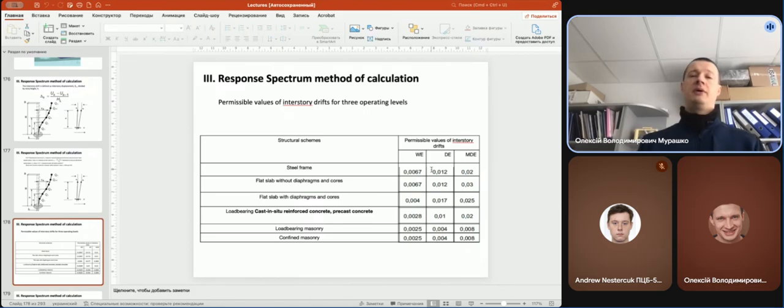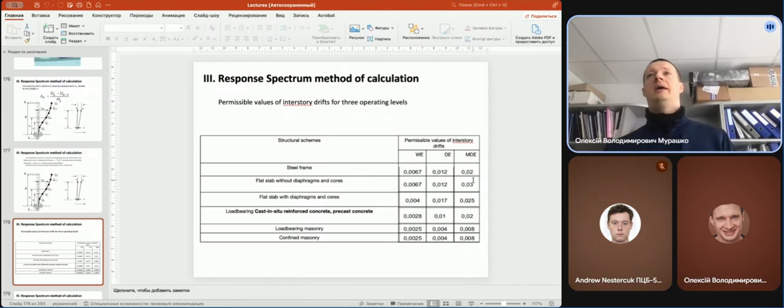When we have deformation which equals less than this value, in this case, people can return into their homes after the capital repair or major repair. And when we have this interstory drift, it says that after this value, we will get the progressive collapse of the overall building. So these numbers were taken from the real behavior of buildings during earthquakes.